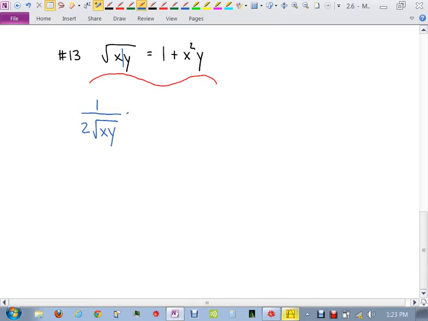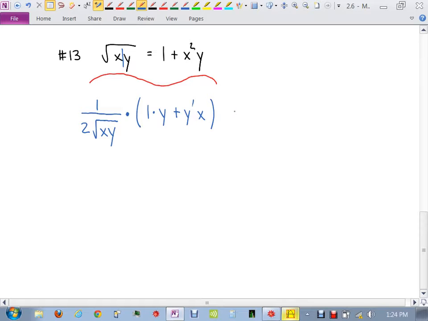Chain rule now says times what? The derivative of the junk. What's the derivative of the junk? 1 times y plus y prime x. Are y'all getting that? Okay. Are we done on the left side?